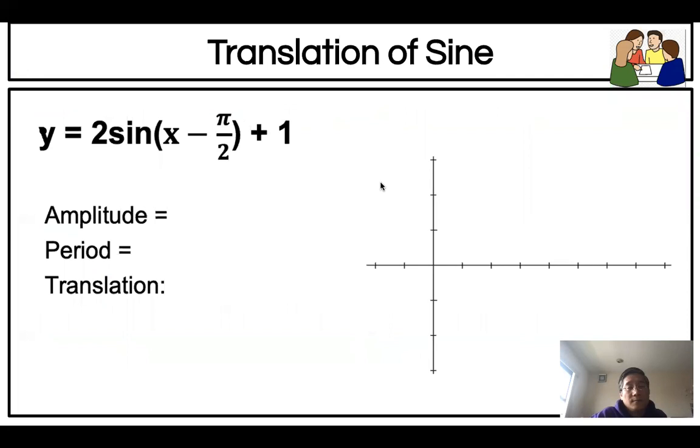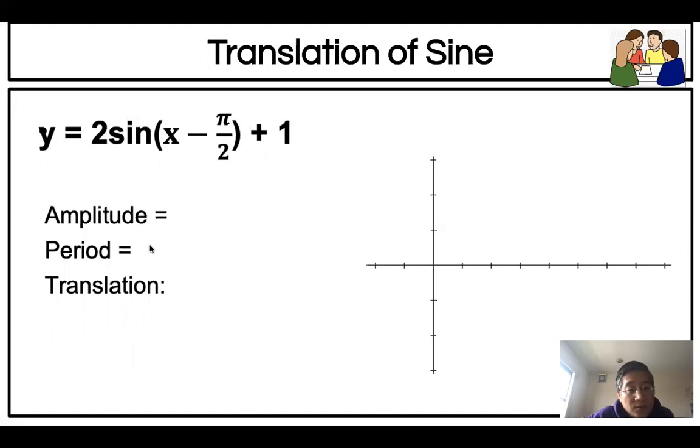Now, let's try with this one. y equals 2 times sine of x minus pi over 2, plus 1, which is the same question. But now you know what the amplitude is. Yes, it's 2. Period, same: 2 pi over 1 is 2 pi.